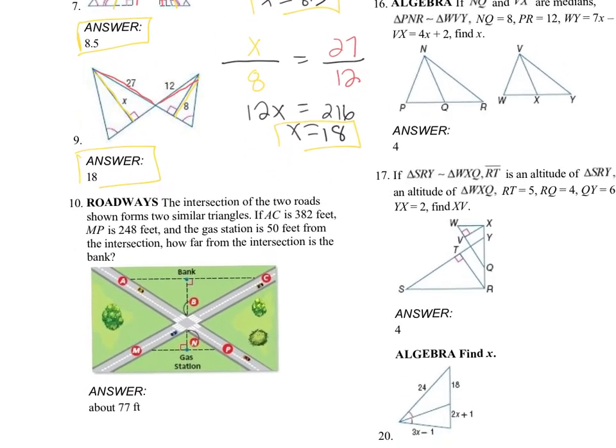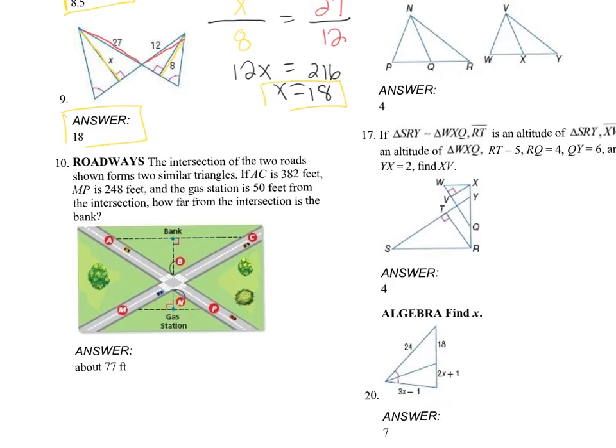We move this up here. If we look at the given information, we are told that this is 382 feet, so I'm going to go ahead and mark that off as 382.